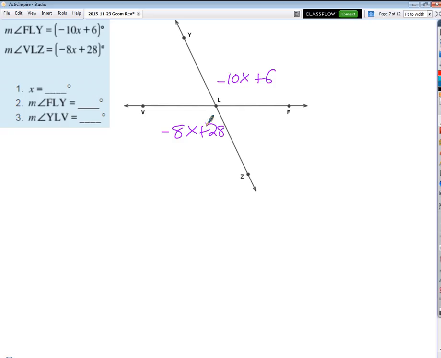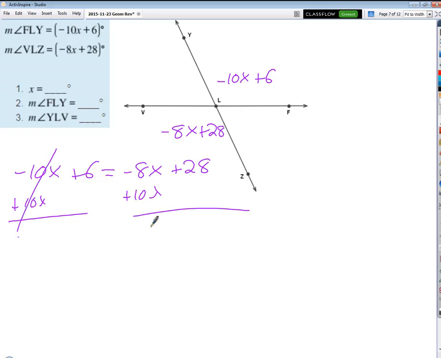We just are going to set up the equation where negative 10x plus 6 equals negative 8x plus 28. We'd push the x's to the right side, wouldn't we? So add 10x gives us 2x on this side, so we'll chase the numbers the other way.